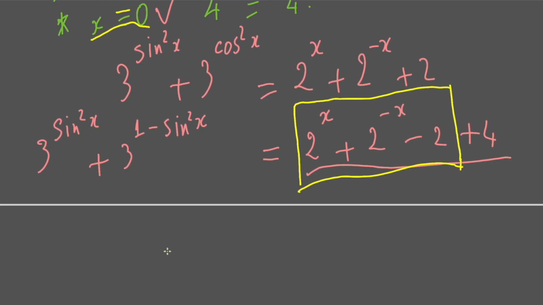By that way, this will be equal to the expression 2 power of x over 2 minus 2 power of negative x over 2, squared.